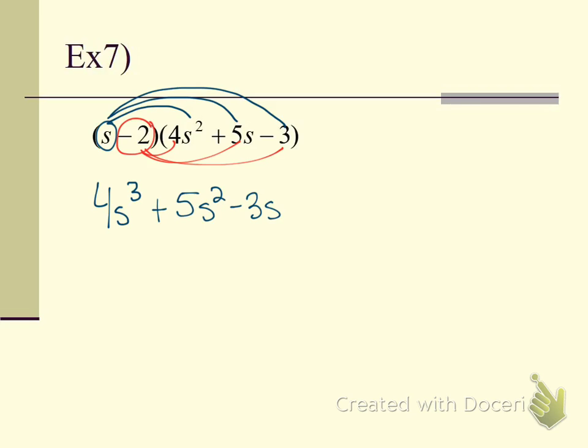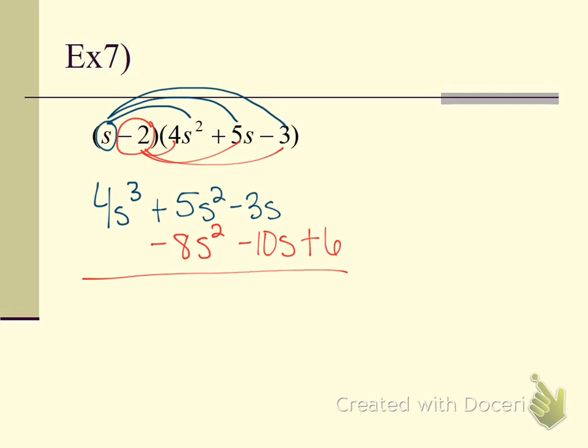-2 times 4S squared is -8S squared. Good. -2 times 5S. And -2 times -3 is plus 6. Make sure you're putting signs so you don't get confused. This time we have a couple different like terms to combine.